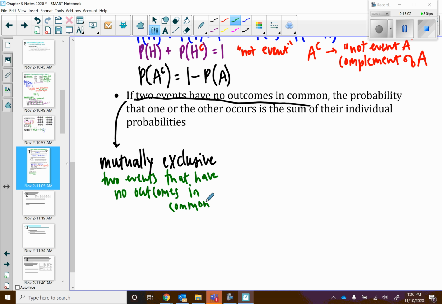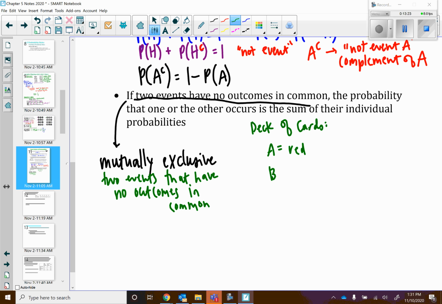And so if I want to look at two mutually exclusive events, for example, let's think of a deck of cards. Let's say event A is I have a red card, and event B is that the card is a club.